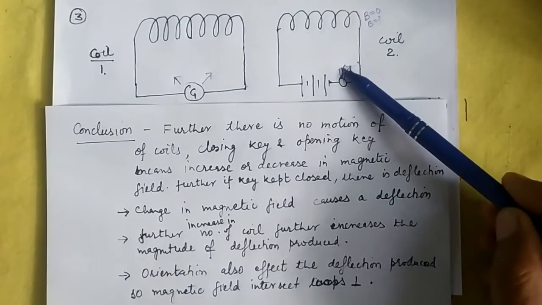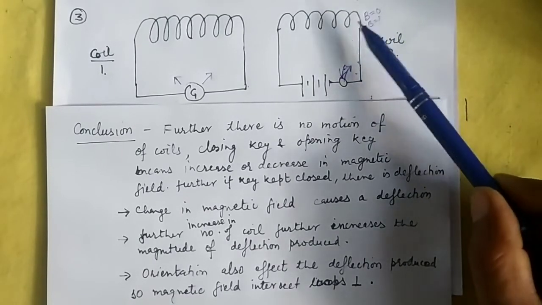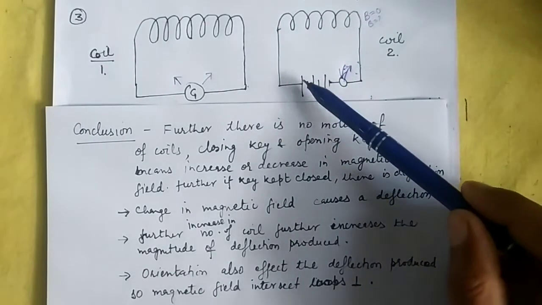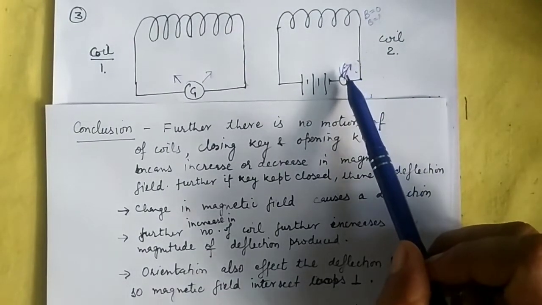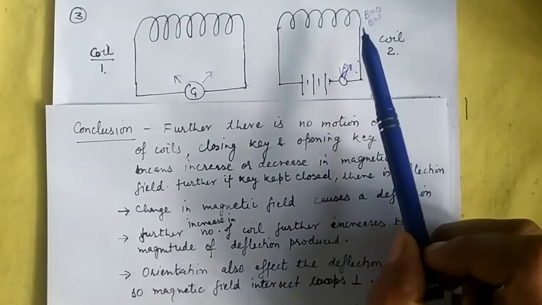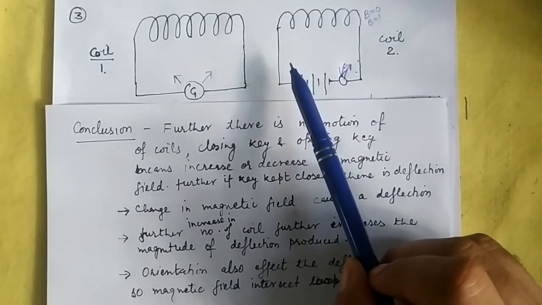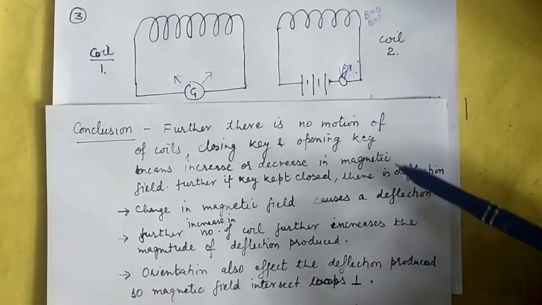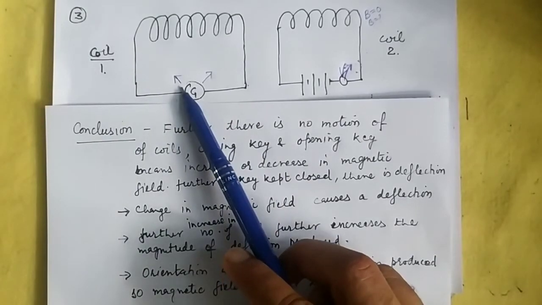But as you close the key, current starts flowing and a magnetic field starts developing in these coils. So the magnetic field changes from 0 to some value, and then only we got a deflection.